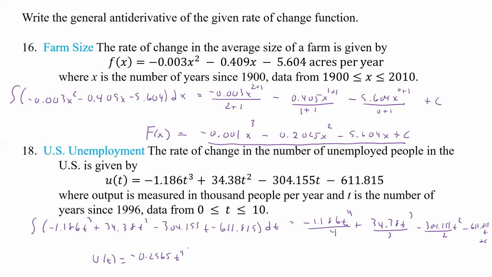And then we have 34.38 divided by 3, which is 11.46, and that's a plus, and that's a t cubed. And we have a minus, and we have 304.155 divided by 2, 152.0775 t squared.